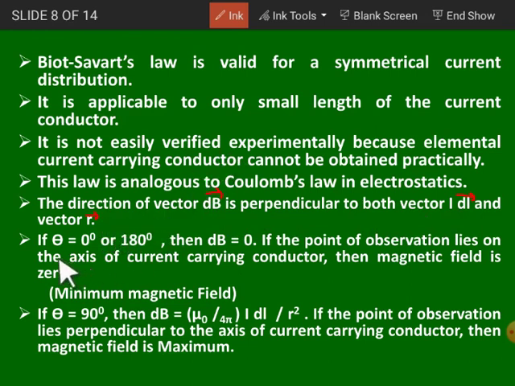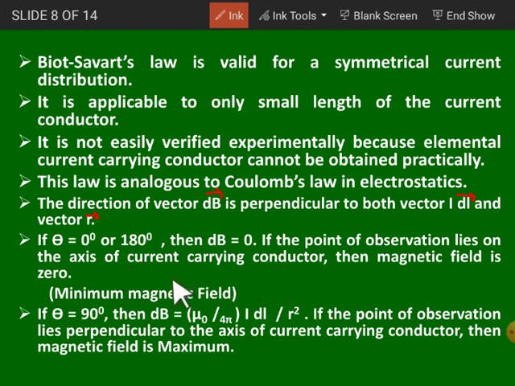Now, what is theta? Theta is the angle between the position vector R and the elemental current carrying conductor IDL. So if theta is equal to 0 degree or 180 degree, then your point of observation is lying along the axis of the current carrying conductor.